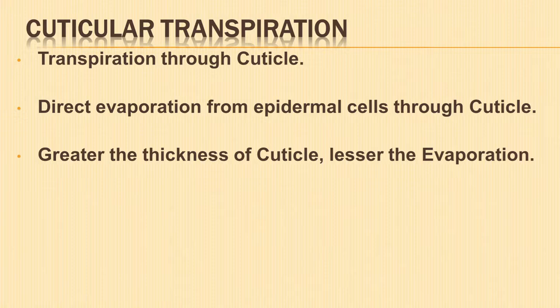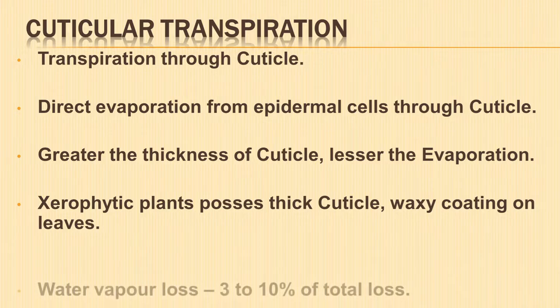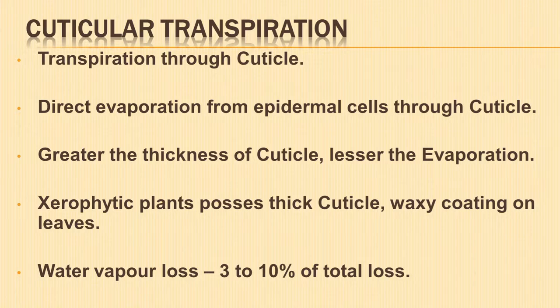Rate of evaporation depends upon the thickness of the cuticle. That is, greater the thickness of the cuticle, lesser is the evaporation. Xerophytic plants generally have a thick cuticle and a waxy coating on the leaves and stems to check cuticular transpiration. Water vapor loss is 3 to 10% of total loss.